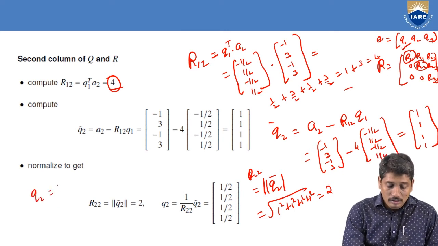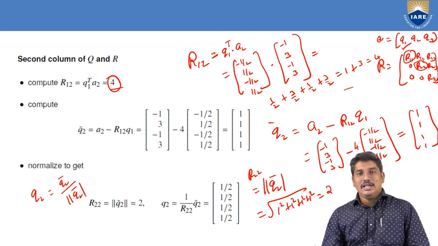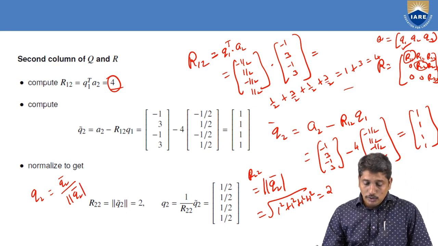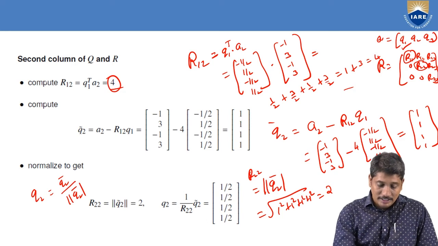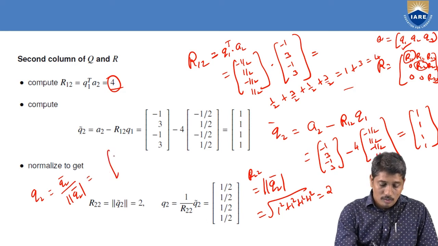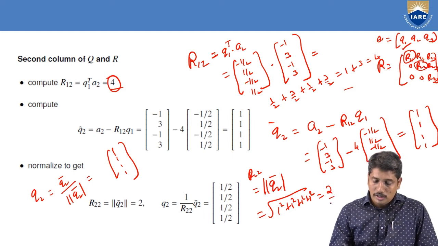Q2 will be Q2 bar divided by norm Q2 bar. Q2 bar is nothing but all ones, 1, 1, 1, 1, and norm Q2 bar is 2.